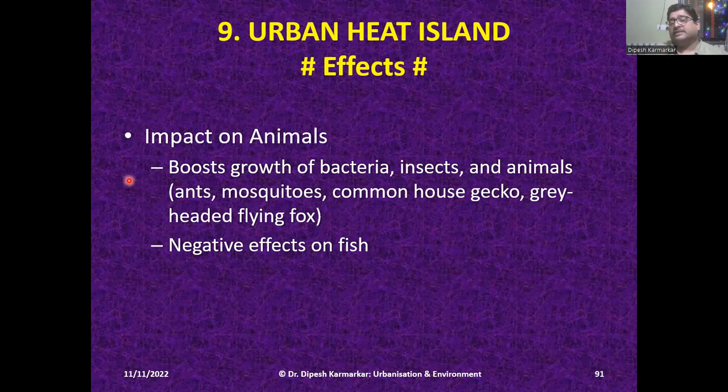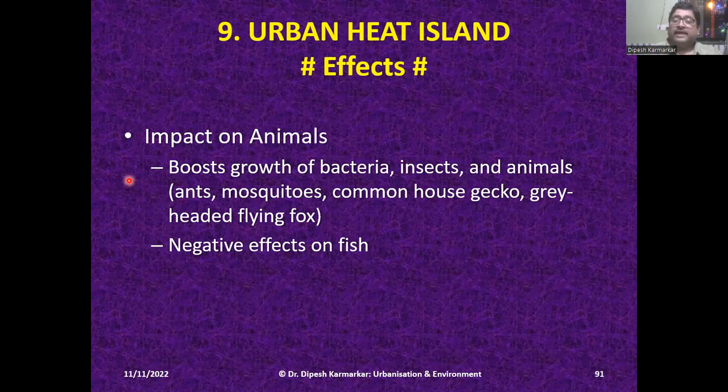But in other cases, we find that insects like mosquitoes or ants and a few more animals like the common house gecko or gray-headed flying fox, or even microorganisms like bacteria, their population increases due to more heat. So the higher the heat, the more it boosts the growth of these animals.